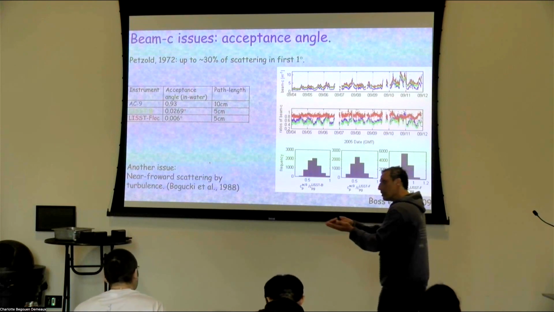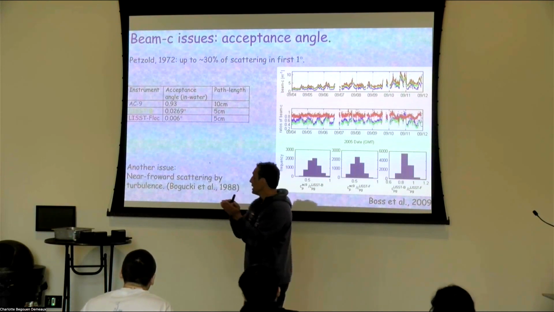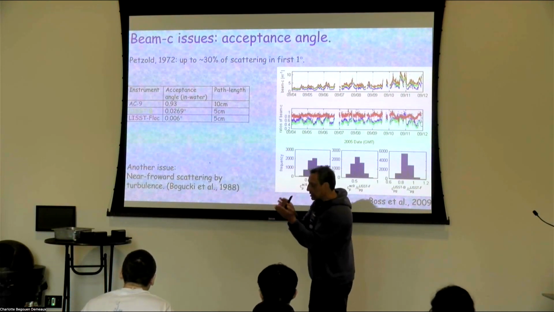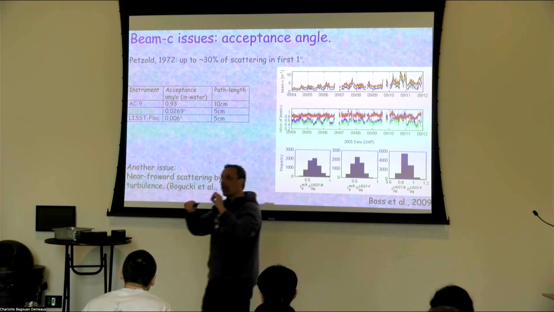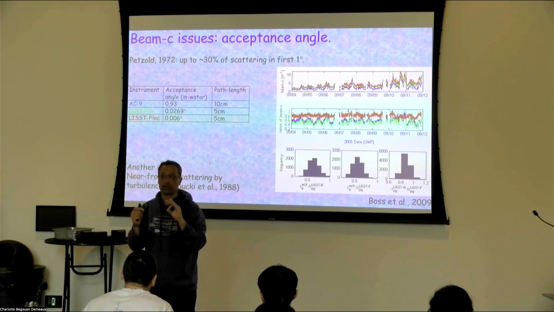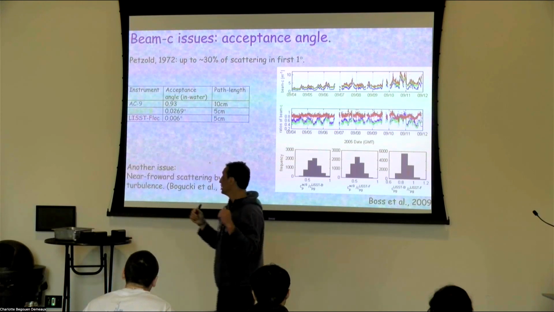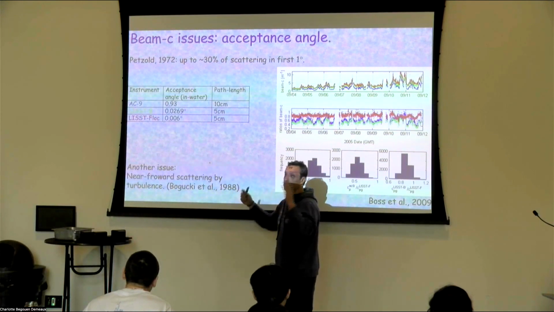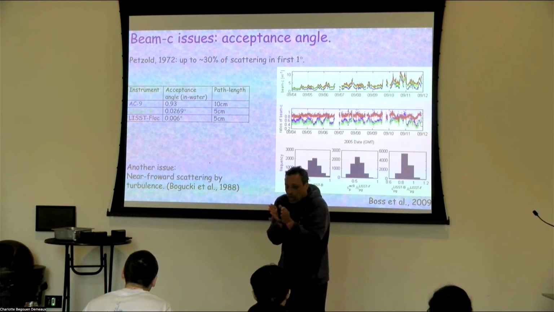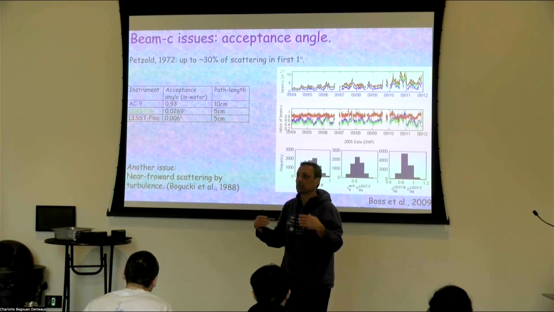Now, there's another reason why you don't want to have a very restricted sensor in the near forward direction, and that's blobs of water of slightly different temperature and salinity scatter light. And that's what's called scattering by turbulence. There's a nice paper on that. And so the smaller you make the acceptance angle, suddenly turbulence starts to affect your measurement.